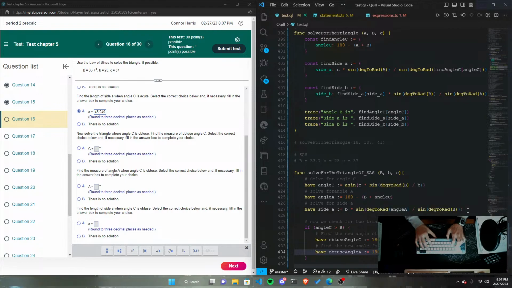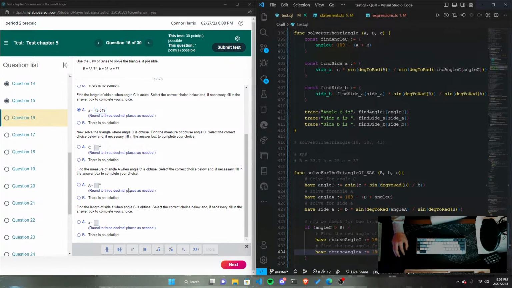That should return our angle A. Alright, so we have A, B, and now we're solving for the last one. The given should be the same, so B and C should be the same. Then we just have to solve for side A.